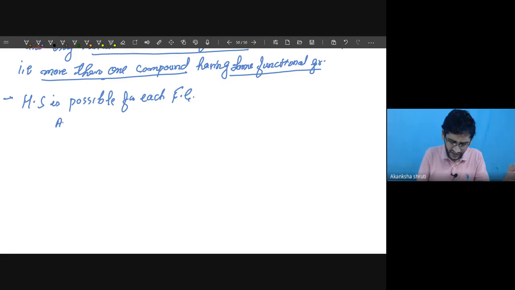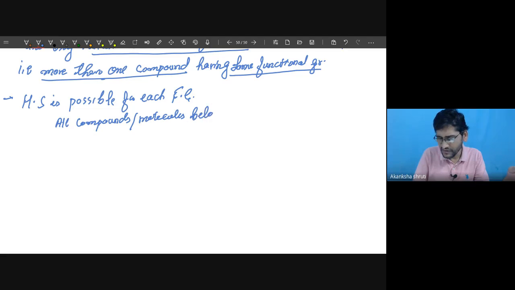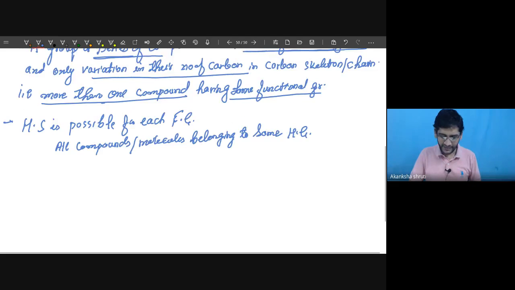So all compounds or molecules belonging to the same homologous series means having the same functional group. Are we getting it now?